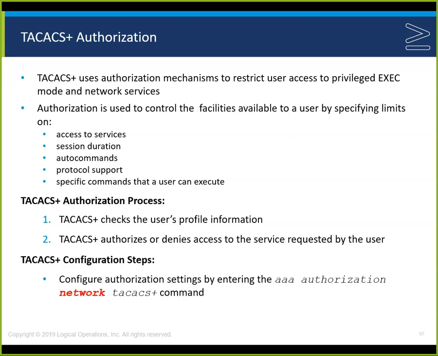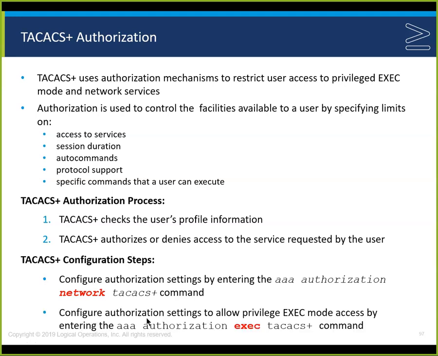The configuration steps: AAA authorization, network, TACACS Plus. We'll do AAA, and when we do AAA, we'll configure a RADIUS server to do that. A couple of other things, but AAA authorization and AAA authentication are needed in order to configure these things. Authorization here, and what do we want to authorize?